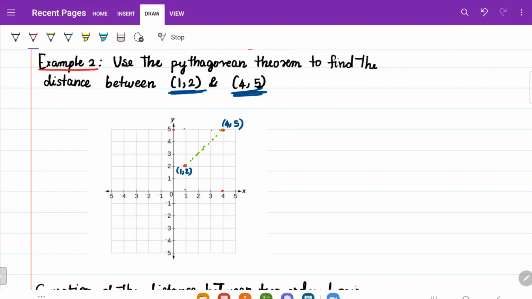Since the question says that we have to use the Pythagorean theorem here, let us first create our right-angled triangle, which is basically just having a vertical line from here and a horizontal line here. The angle here is 90 degrees. So we know the length here, and we know the length here, and we want the length of this.